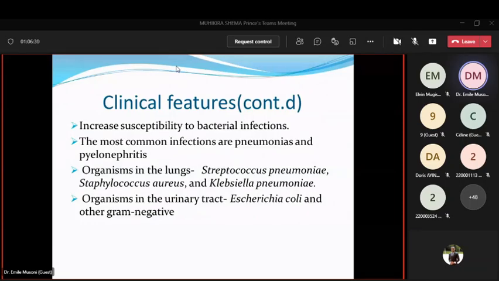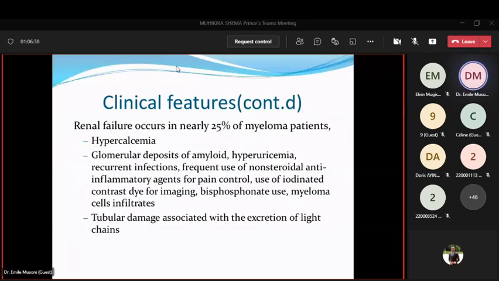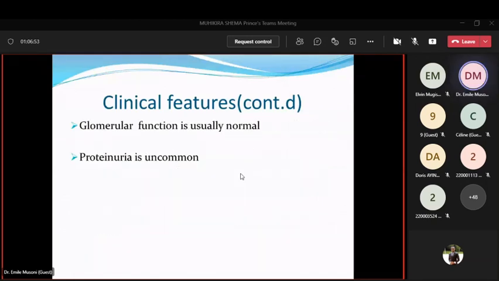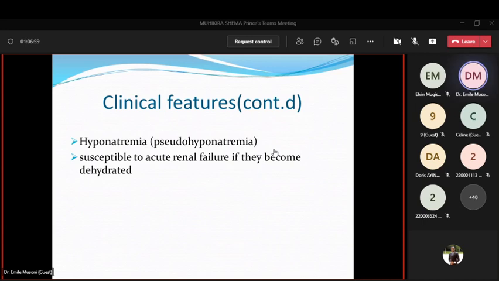It can cause renal failure, with hypercalcemia, tubular damage, glomerulonephritis, glomerular deposits of amyloid, and hyperuricemia. Glomerular function is usually normal, and proteinuria is uncommon. But those are associated features, not the main features. The main features are bone pain and lytic lesions.